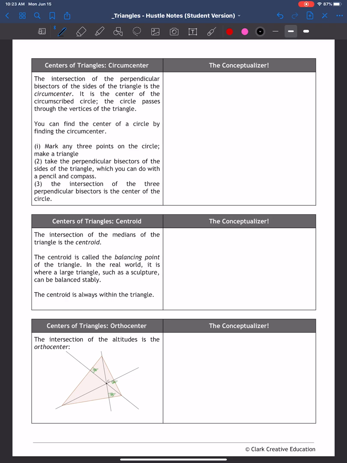So basically, I have this triangle. I have this very terribly drawn circle.